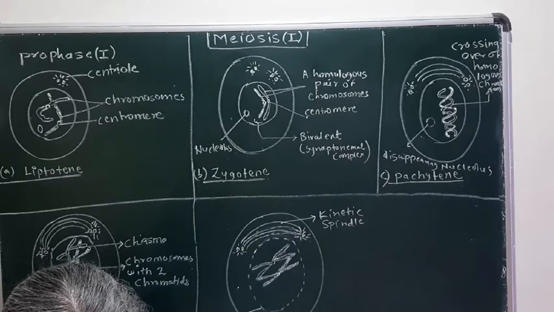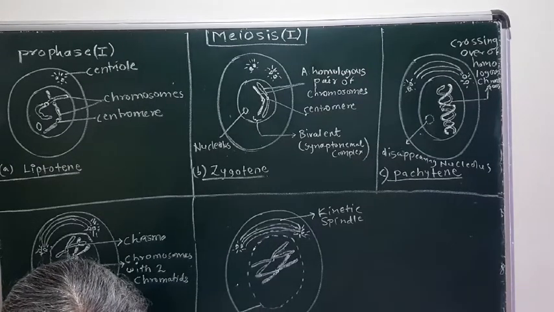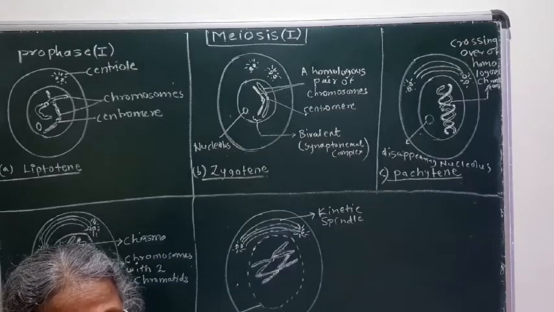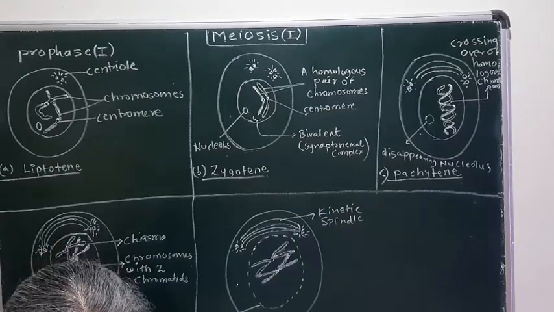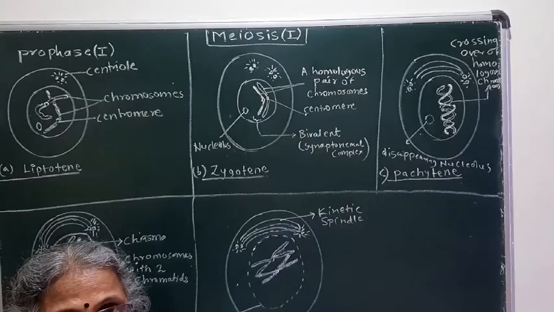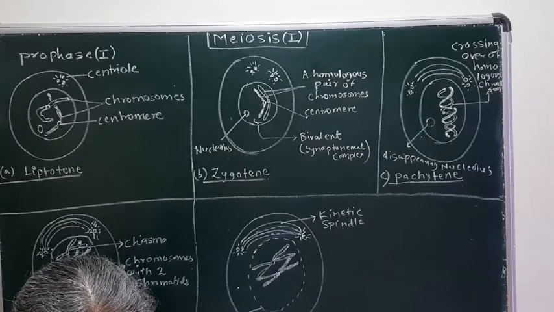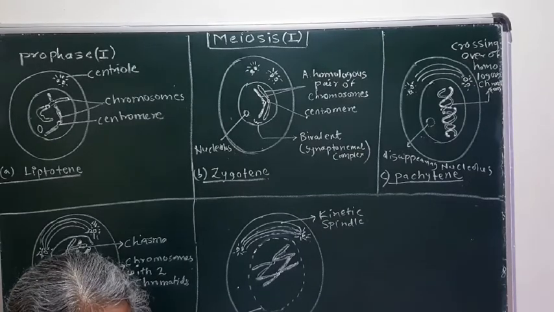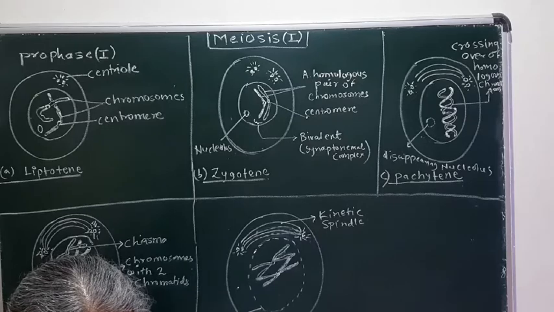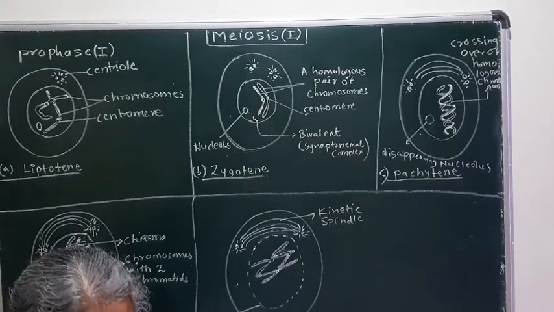Now first use your brain power. We are going to see what you mean by a diploid cell. The cell with 2 sets of chromosomes, or a cell in which the chromosome number is double, denoted by 2n, is known as a diploid cell.